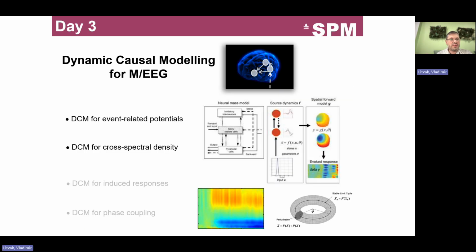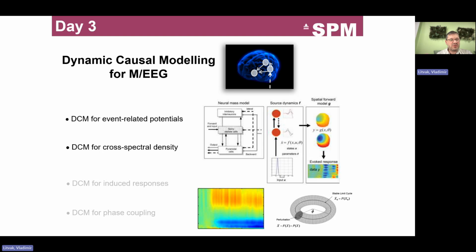And day 3 will be about a modeling framework which is also very important in SPM, and this is dynamic causal modeling. This framework allows you to invert more complicated models that involve not just source locations, but also neurophysiological mechanisms of how EEG and MEG signals are generated by neuronal populations.